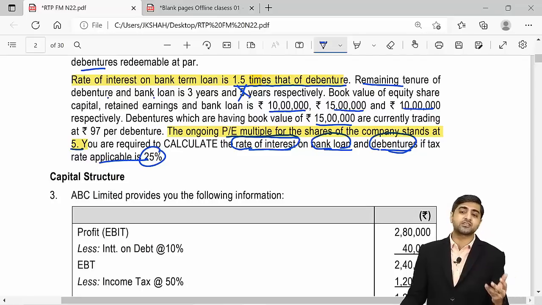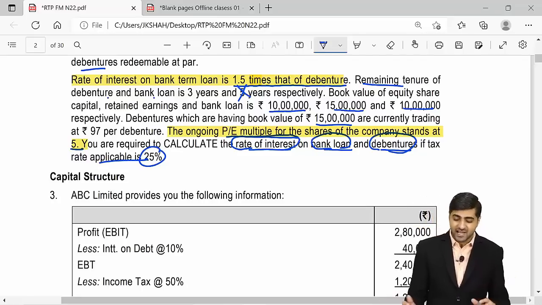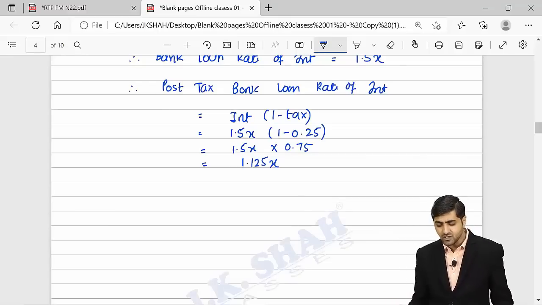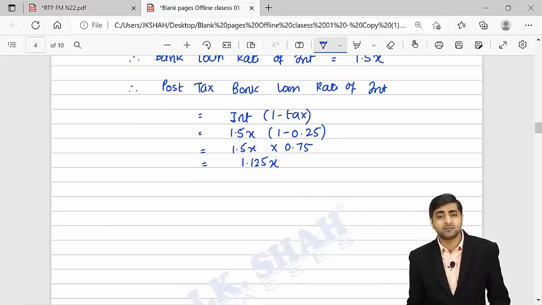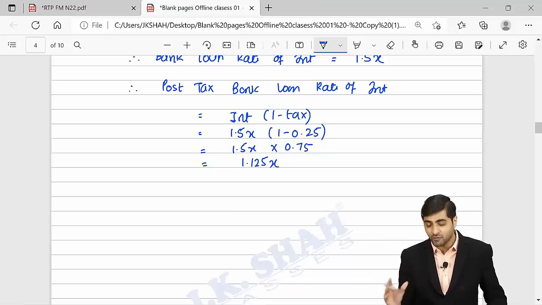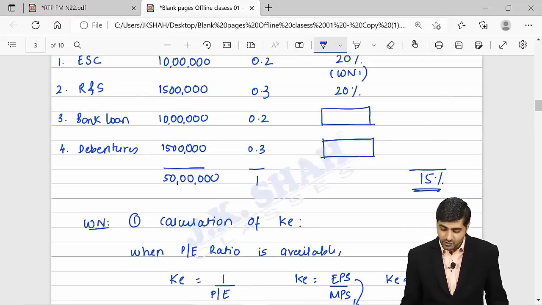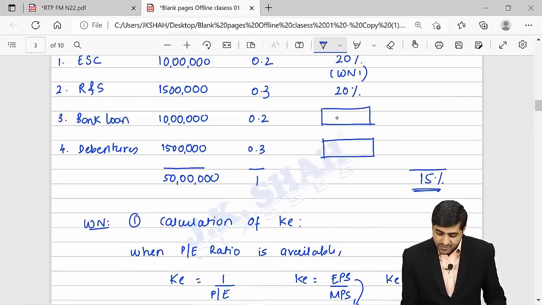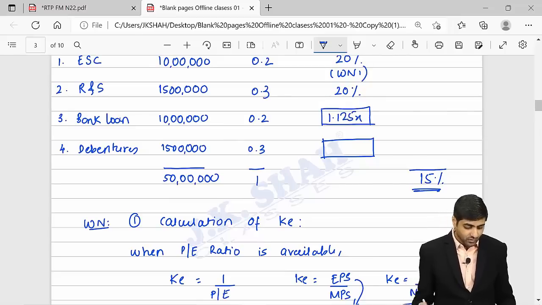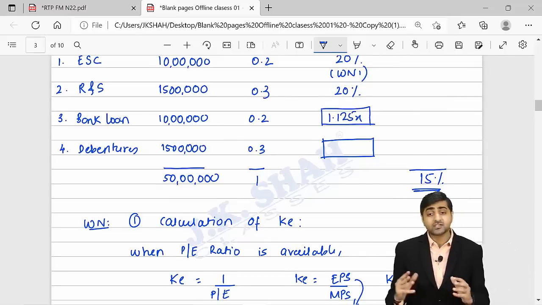So this 5 years actually is of no use for you. We just have your rate of interest which is available. We'll simply multiply that by 1 minus your tax rate to get the post-tax interest rate, and that is nothing but 1.125x. So this is something which I can substitute here. Your bank loan is nothing but 1.125x.